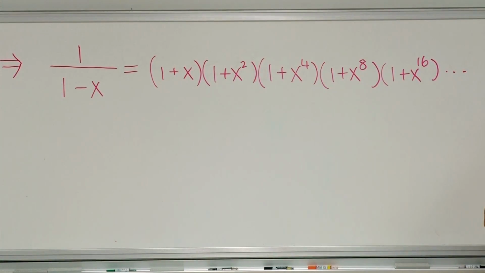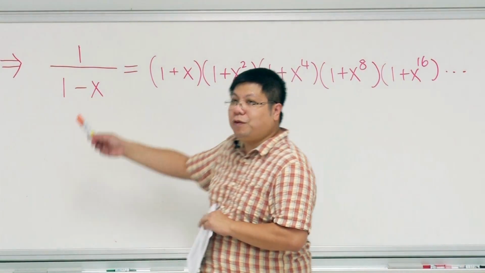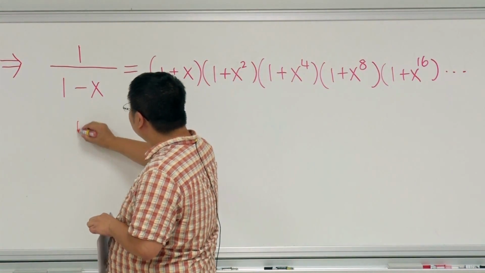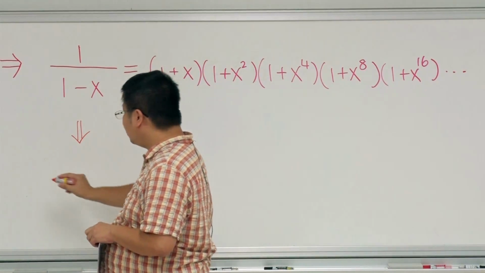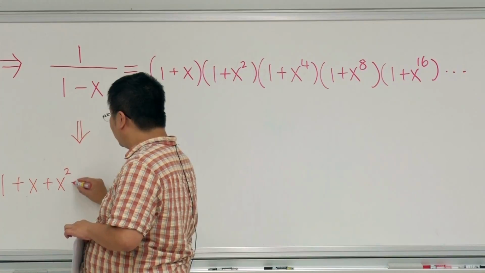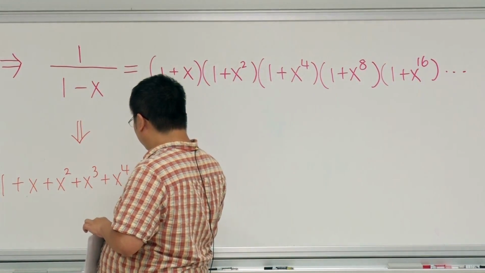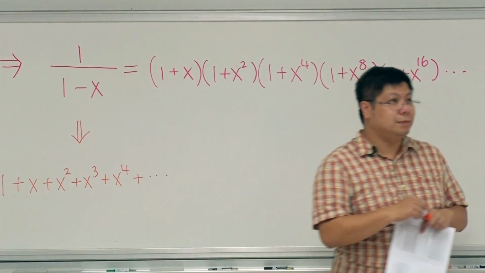Is that okay? Now this is the first way to interpret, and then what is 1 over 1 minus x? 1 over 1 minus x is equal to 1 plus x plus x squared plus x cubed plus x to the 4 plus so on and so forth. Is that okay?